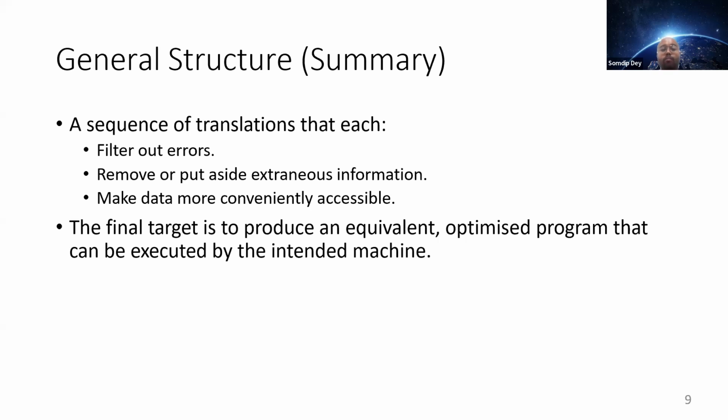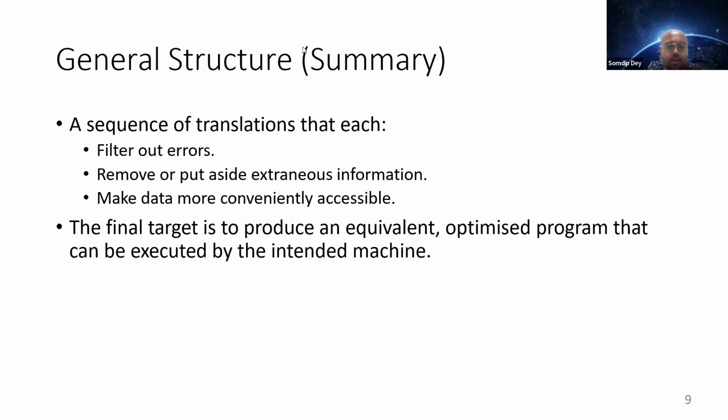It can also remove or put aside any extraneous information that could be passed as part of the program source code, and in the process also make the data more conveniently accessible. So the final target is to produce an equivalent optimized program that can be executed by the intended computing machine.